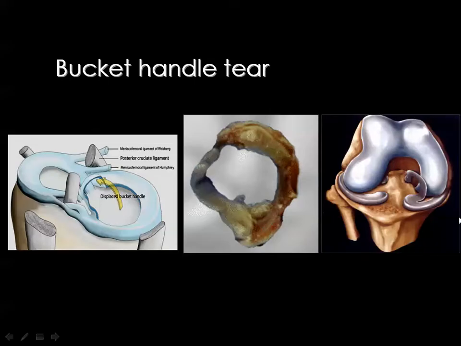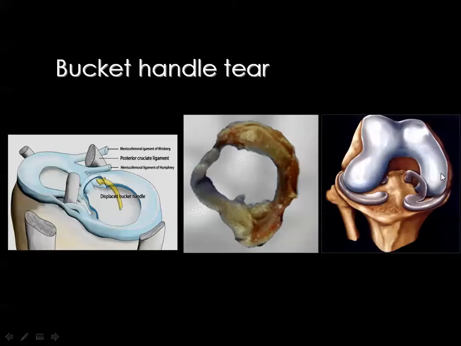What happens is a tear inside the body of the meniscus, and by time you get two meniscal fragments, and the medial one is displaced inside the intercondylar notch, giving this appearance which is similar to the handle of a bucket, meaning that this is the bucket and this is the handle. The handle represents the meniscal fragment which is displaced inside the intercondylar notch.